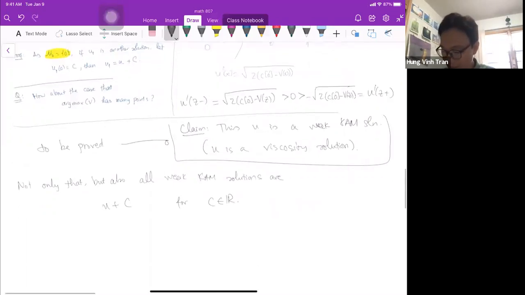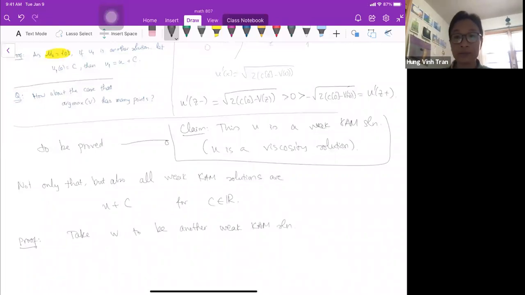So why? Again, let's take w to be another weak KM solution. Again, you just take any other weak KM solution. So recall that M0, the projected Mather set, is also our uniqueness set, right?